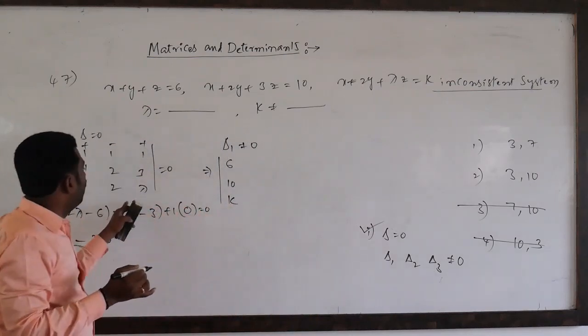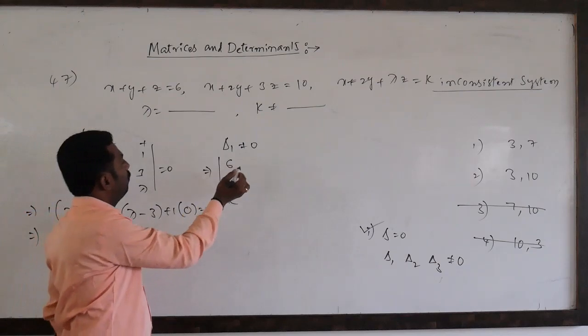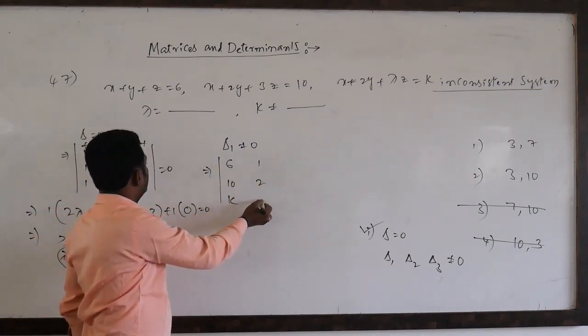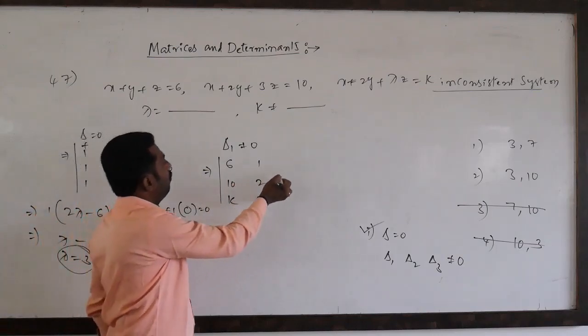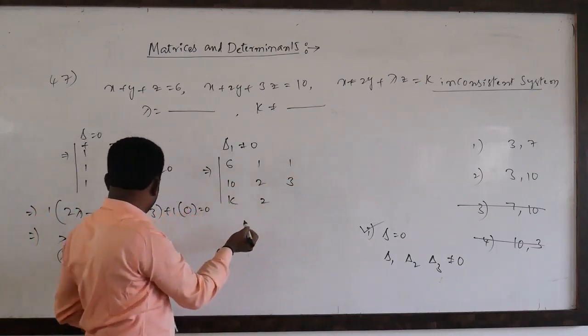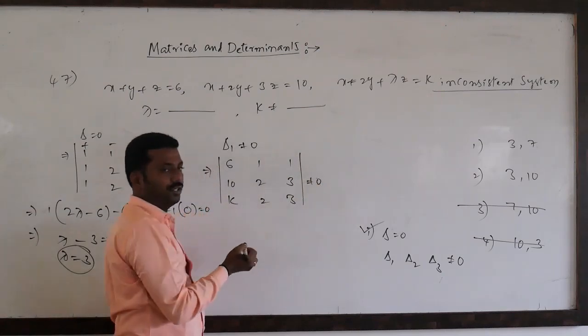No changes in the remaining two columns. So the remaining two columns are 1, 1, 2, 2, 3, lambda, nothing but 3, not equal to 0.